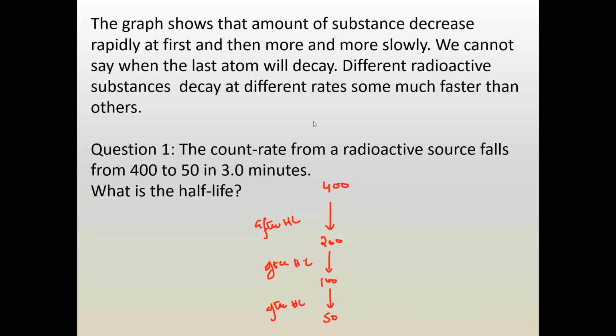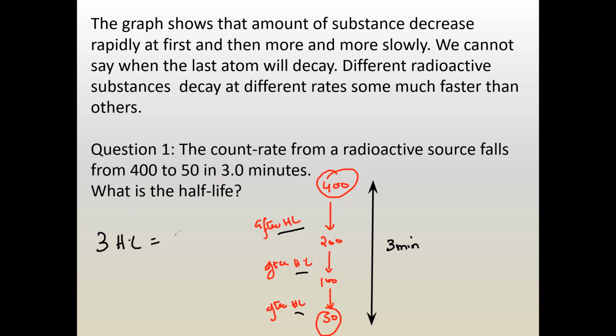So how many half-lives are there for 400 to change to 50? 1, 2, and 3 half-lives. And they mention that the total time the radiation takes to change from 400 to 50 is 3 minutes. So there are 3 half-lives in 3 minutes.